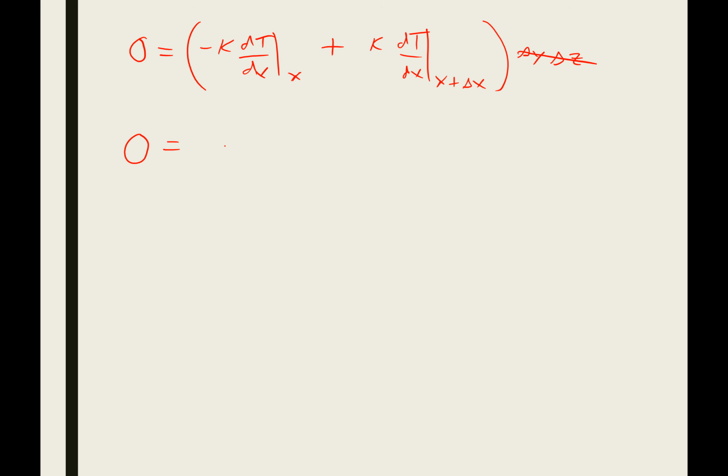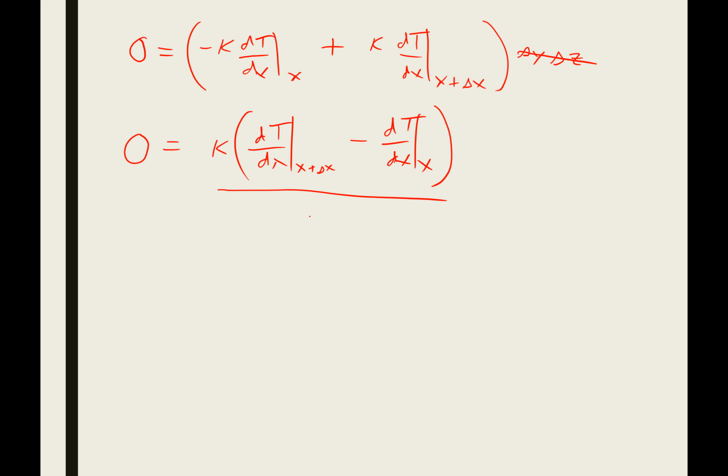That is also equal to k times dT/dx at x plus delta x minus dT/dx at x, and that whole term equals 0. There's actually another little trick we need to do here, which I neglected. Let's also divide both sides of this equation by delta x.